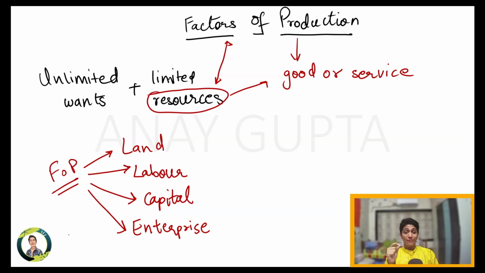Land refers to the natural resources. Now, I know that in conventional sense, land would just mean the land, or the earth, the soil, the terrain. But in economics, land comprises all the natural resources, right? So from the trees to the fish to the coal, right? All the natural resources come under land.